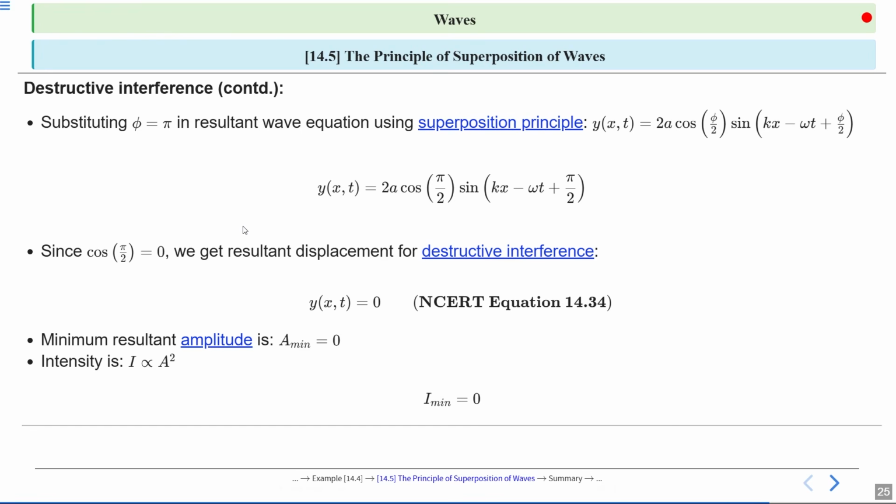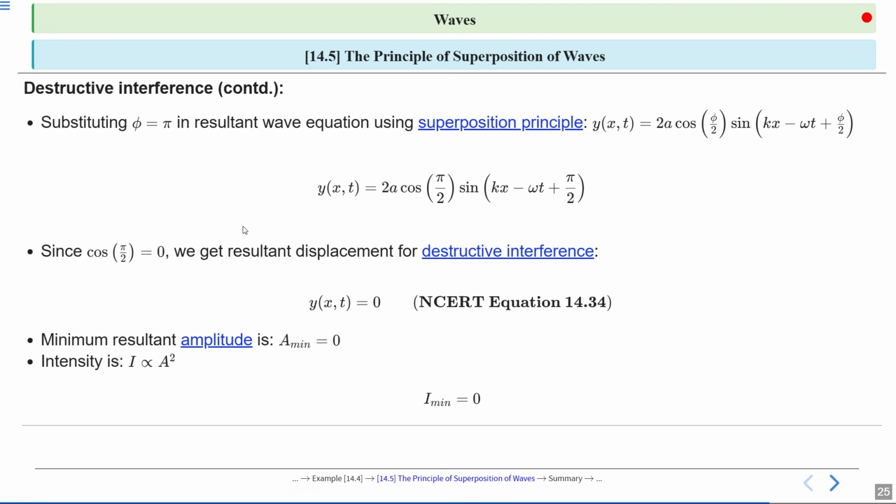So minimum intensity is 0. This is the lowest possible value for intensity, confirming that at points of complete destructive interference, there is no wave energy present. This wraps up our look at destructive interference. Let's remember that when two waves are exactly out of phase, they can cancel each other completely.